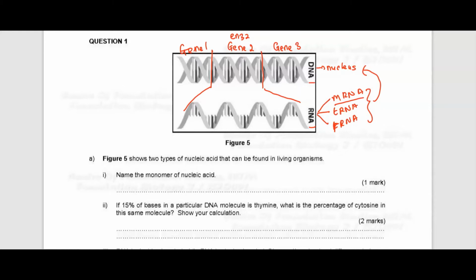For example, here you have a cell, and within the cell you have the nucleus. In the nucleus you have the large DNA molecule. From the DNA molecule it synthesizes the mRNA. The mRNA will go to the cytoplasm, where it will find a ribosome. As you know, the ribosome is an organelle involved in the synthesis of protein. The mRNA will enter into the ribosome.